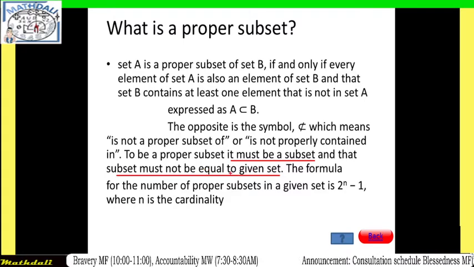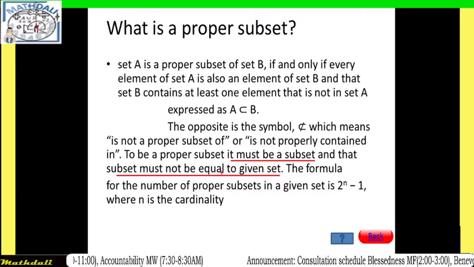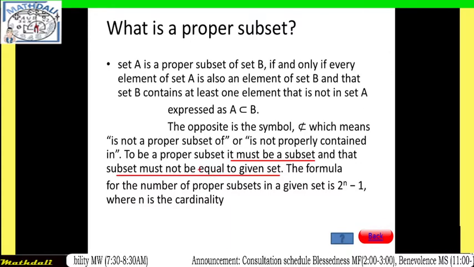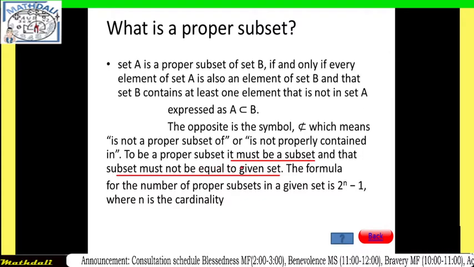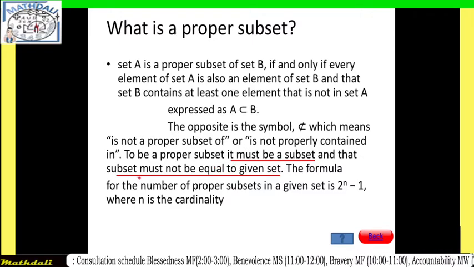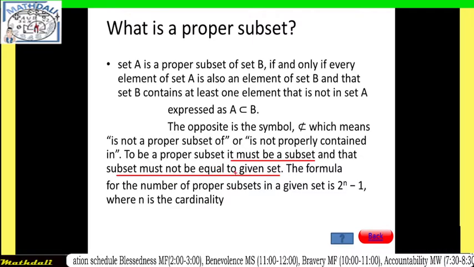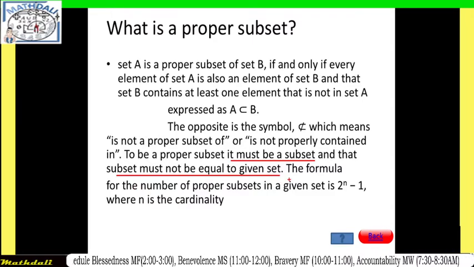Same in the cardinal number or the number of element, same din yung element. Aside dun sa cardinality. Kasi meron tayong equivalent set at saka equal set. I-discuss ko yon sa mga susunod na video. Okay, so it must be a subset and that subset must not be equal to the given set.